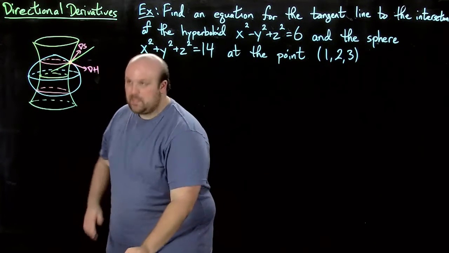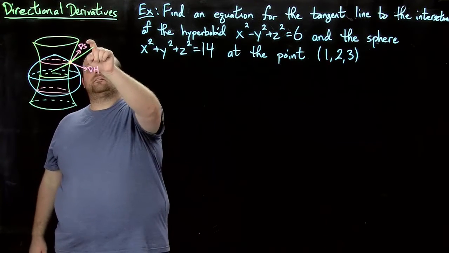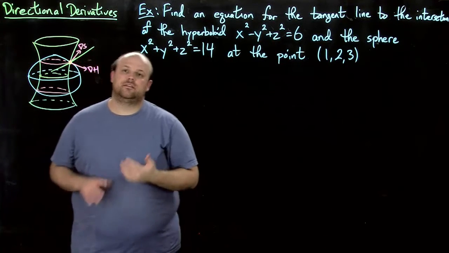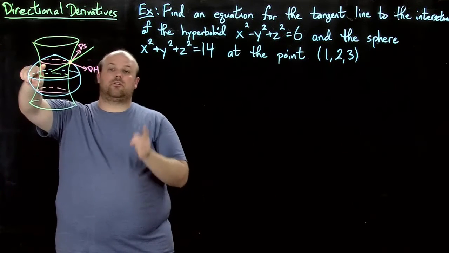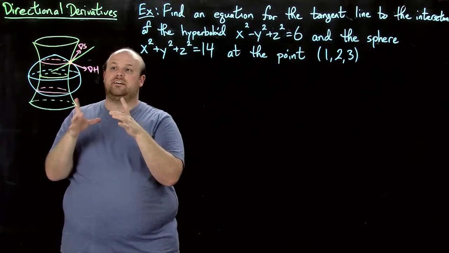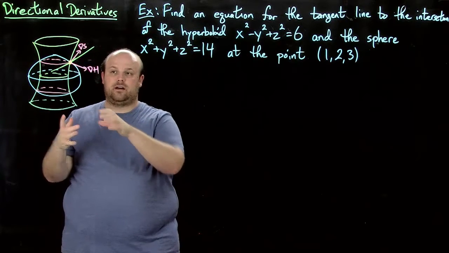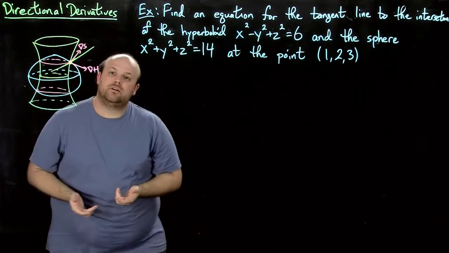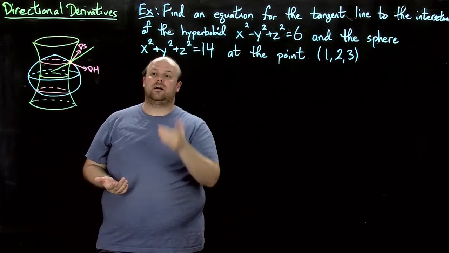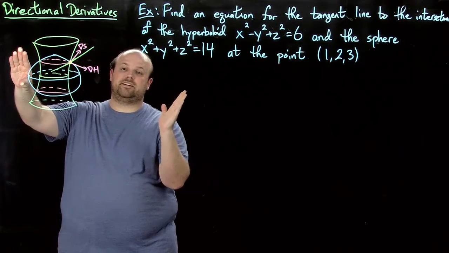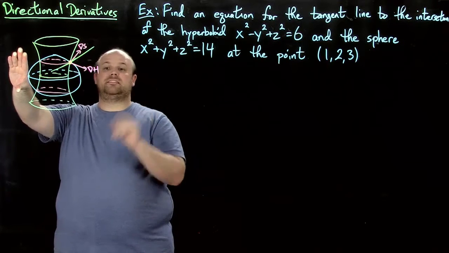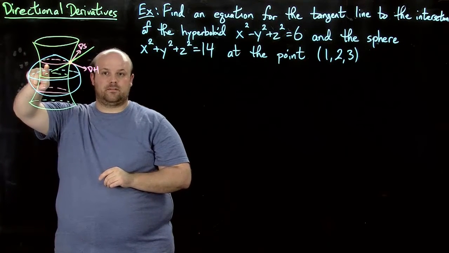So the gradient of S, what can we do here? Well, this curve of intersection lies entirely on the surface, the sphere. So if we take the gradient of the function for the sphere, since that's perpendicular to the sphere, that means it's also perpendicular to the curve. Right?